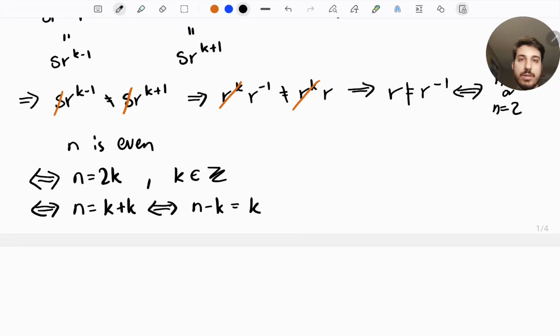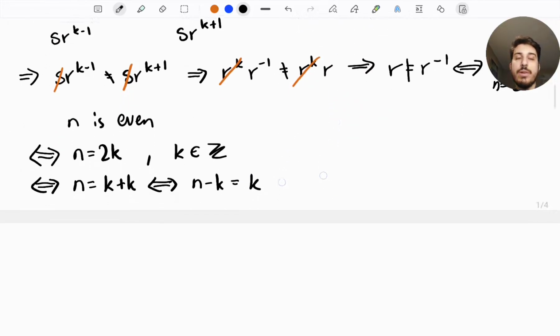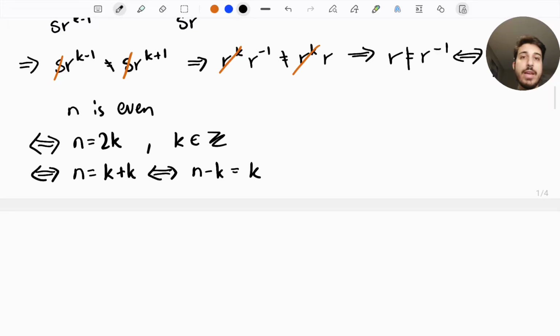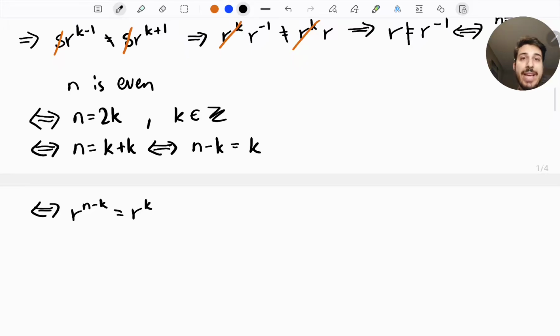And this seems a bit artificial, but you'll see in a minute why this is very useful. So if we take r to the power n minus k, this would mean r^(n-k) would be equal to r^k, right? And we know for a fact that r^n is the same as the identity.